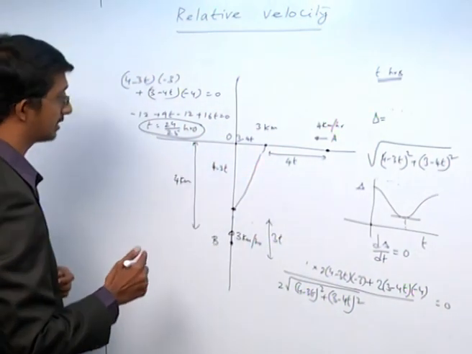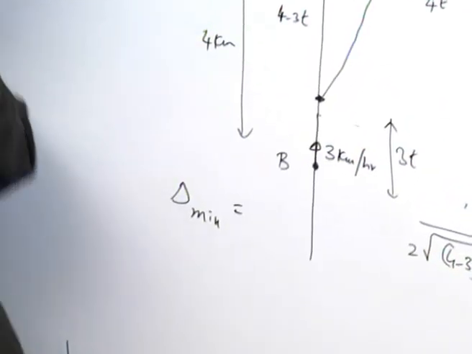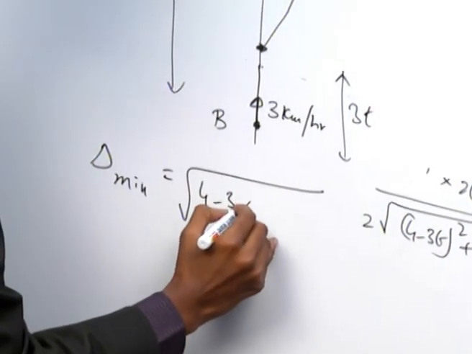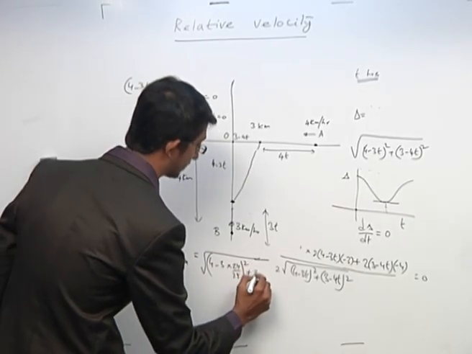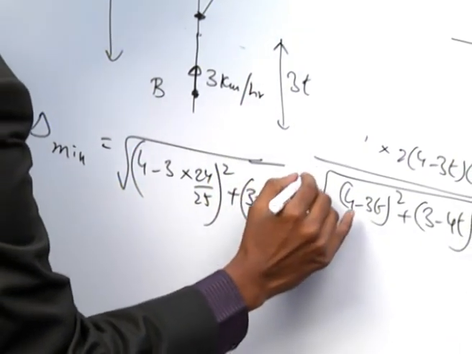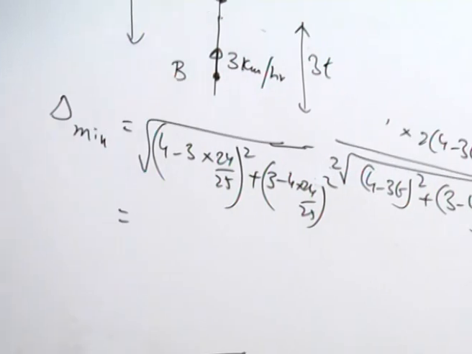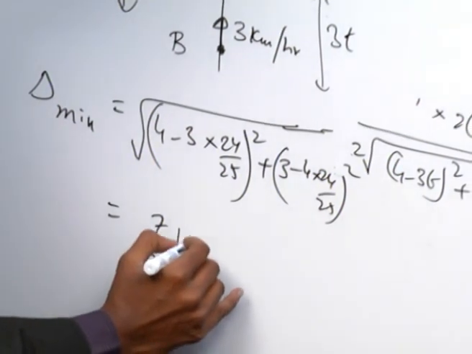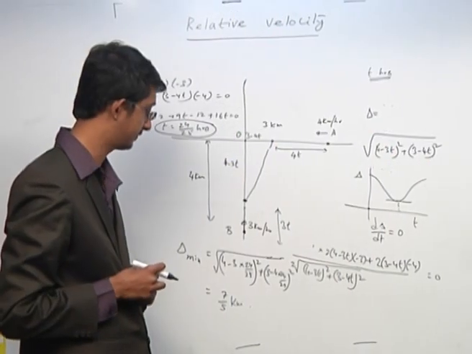That would give me the minimum delta, which I will do here: delta minimum is the root of 4 minus 3 into 24 by 25 square plus 3 minus 4 into 24 by 25 square. If I simplify that, that would turn out to be 7 by 5, I believe, kilometers. You can check the simplification. It's going to be 7 by 5 kilometers.